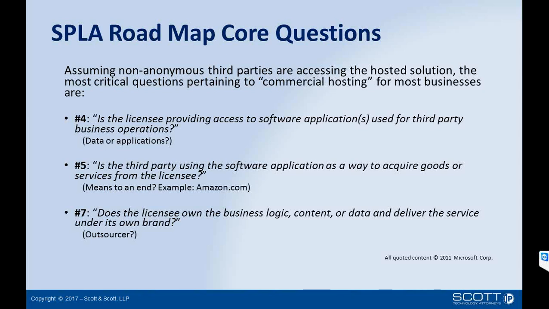For example, e-commerce. Amazon is not hosting a website for a business in the commercial services sense. They've got an e-commerce site because they're a retailer. And people go to their website to acquire goods or services from the licensee.